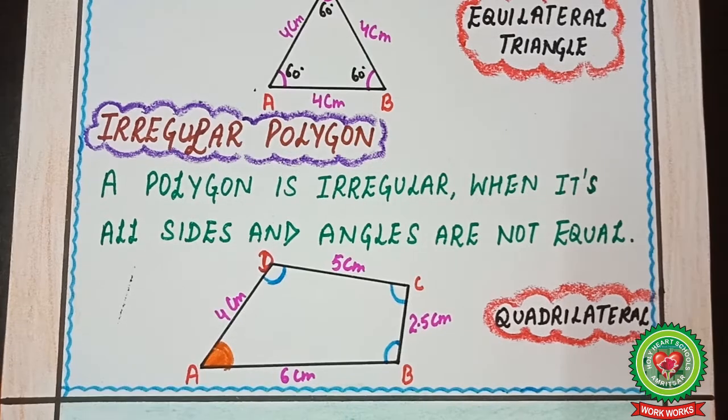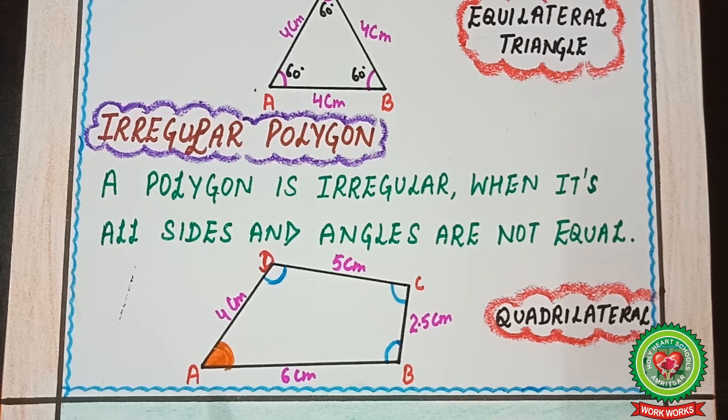Now I'm taking one example of an irregular polygon, a quadrilateral with 4 sides AB, BC, CD and DA. The length of line segment AB is 6 cm, BC is 2.5 cm, CD is 5 cm and DA is 4 cm.